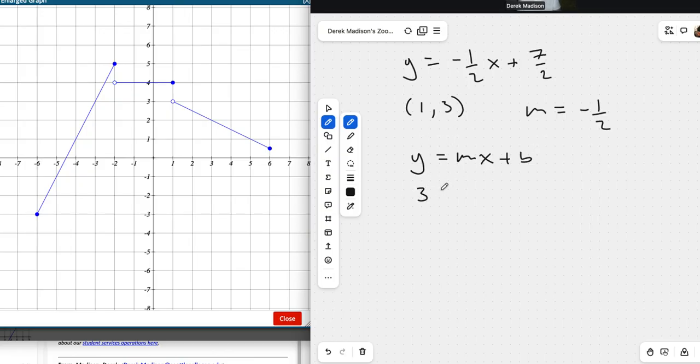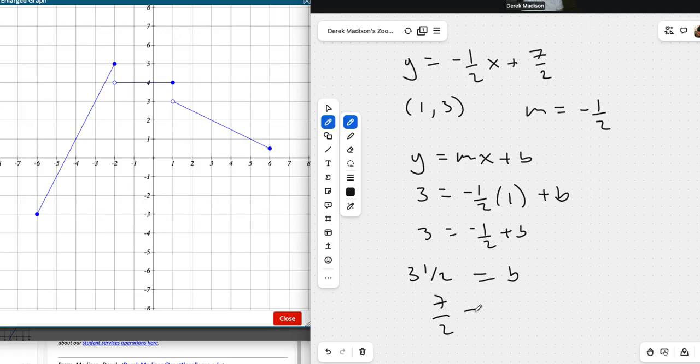So y would be 3, m would be negative 1/2, x would be 1, plus b, and I could have used any of the points on this line, so nothing special about this one. 3 equals negative 1/2 plus b, add the 1/2 over, and there you're at 3/2 equals b. 3/2 is 3 times 2, which is 6, plus 1 over 2. There's that same 7/2 that I got.